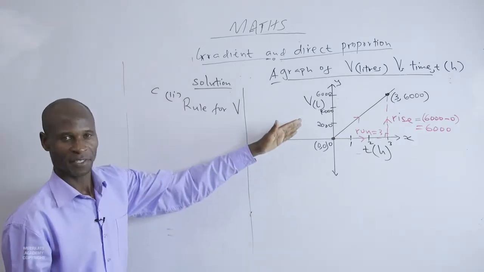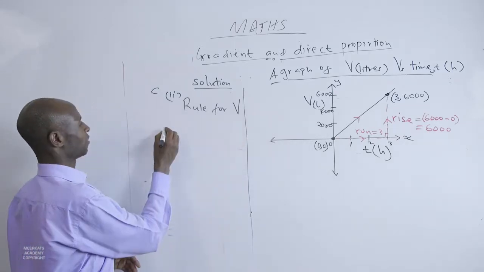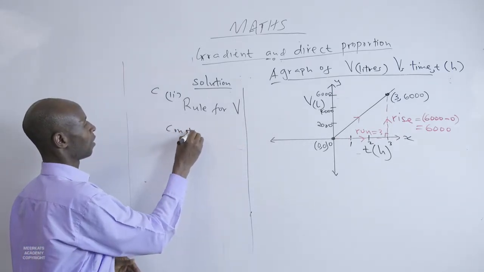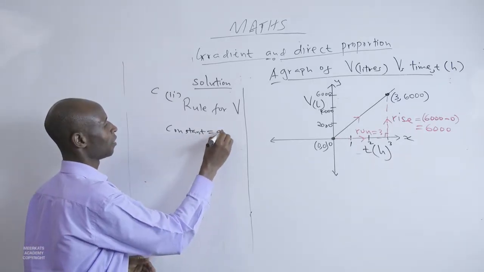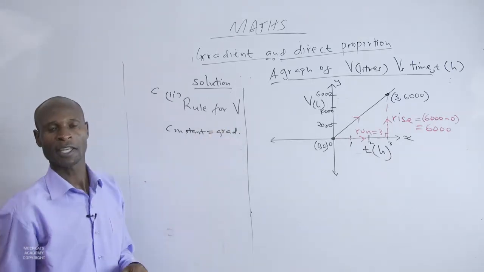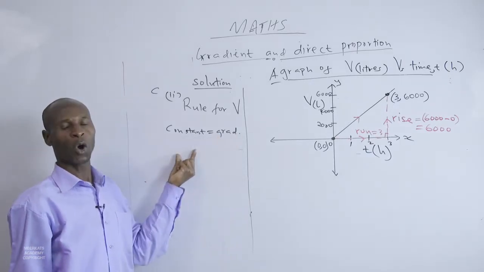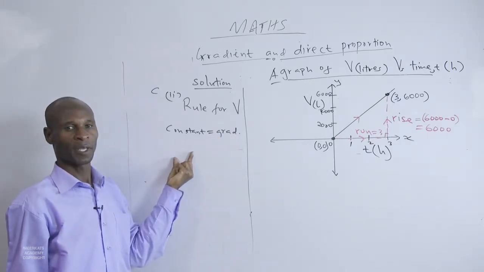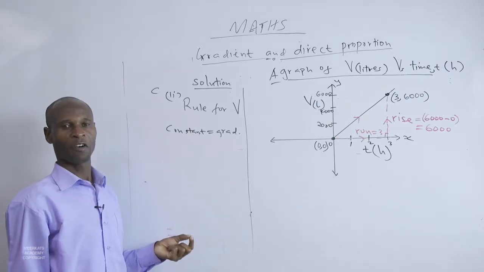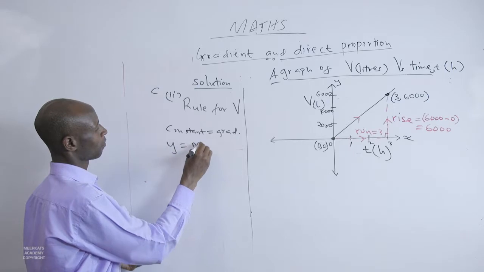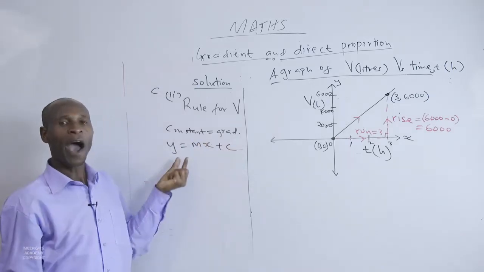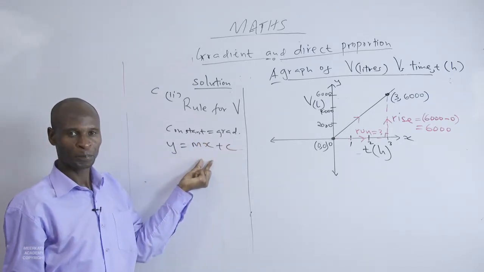So in this case, the constant we are having is the gradient, because it's a straight line. So gradient will be constant. From our knowledge of the equation of a straight line, y = mx + c.